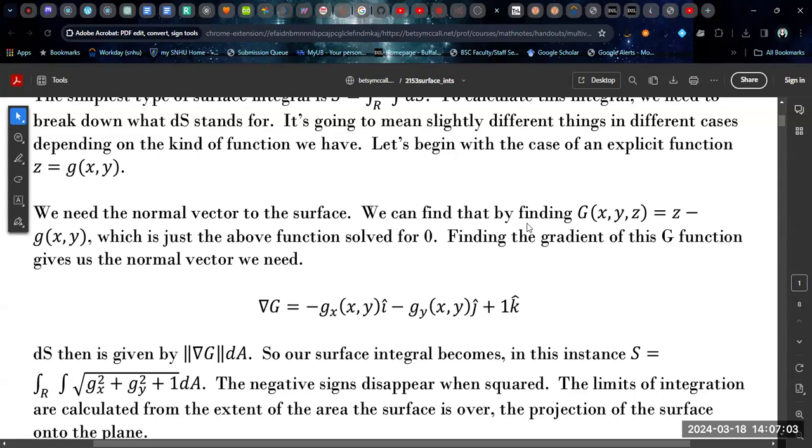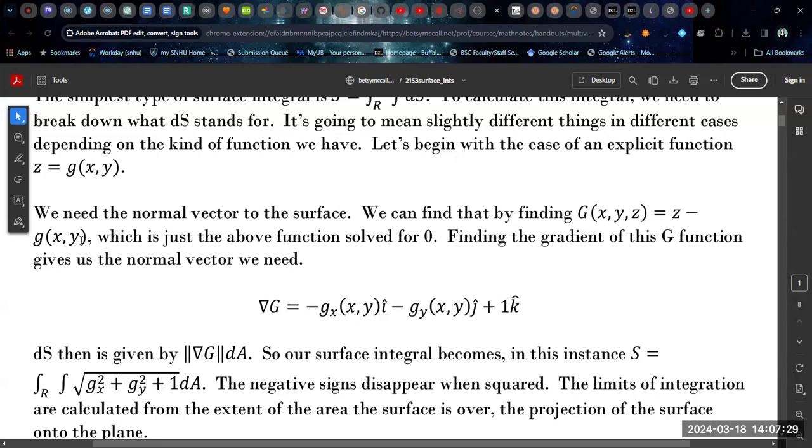Although for the coordinate plane, we don't have to be quite as careful because we can use any normal to the surface, whereas for this example, we actually need a particular normal to the surface where we put all of our surface components on one side of the equation, but it needs to be in explicit form. So it's z minus the explicit form of our function in terms of x and y.